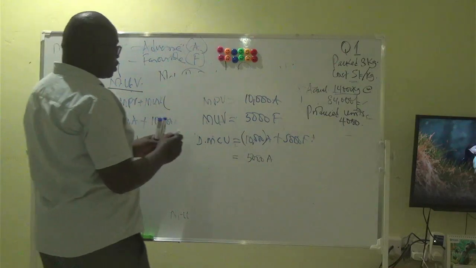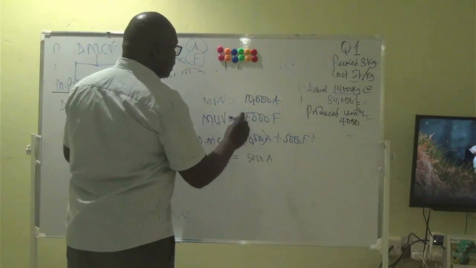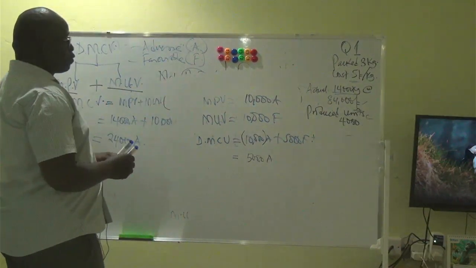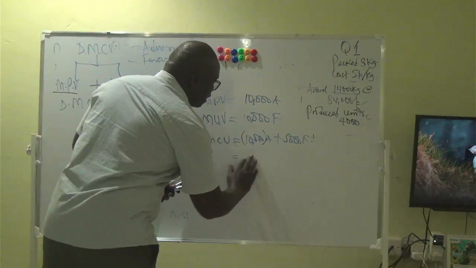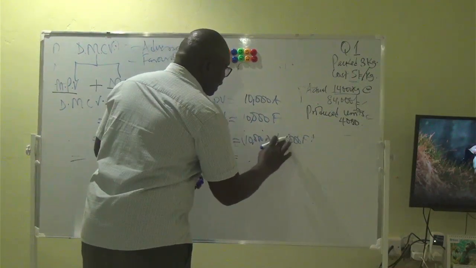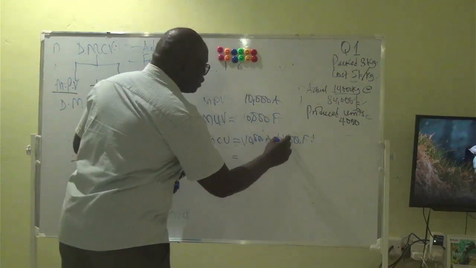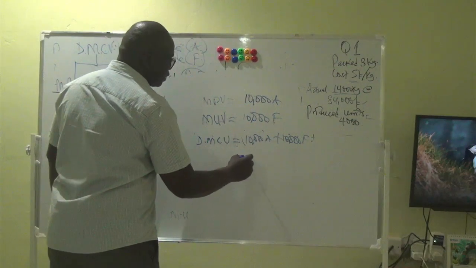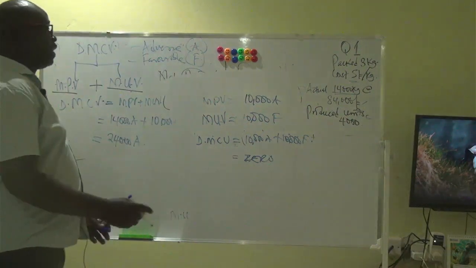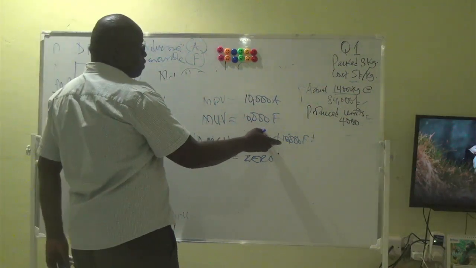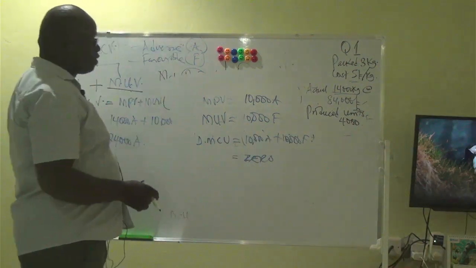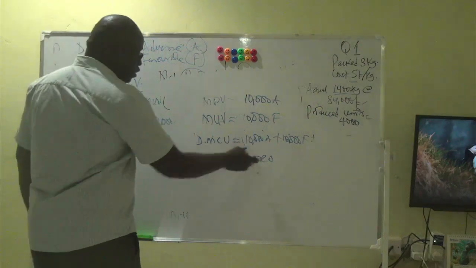And supposing this was favorable and it is 10,000 favorable, that will allow us to have a negative of 10,000 plus another positive of 10,000, then it will be a nil effect. There will be a zero effect there. So we will have a negative 10,000 adverse, plus 10,000 favorable, then we would have a zero there.